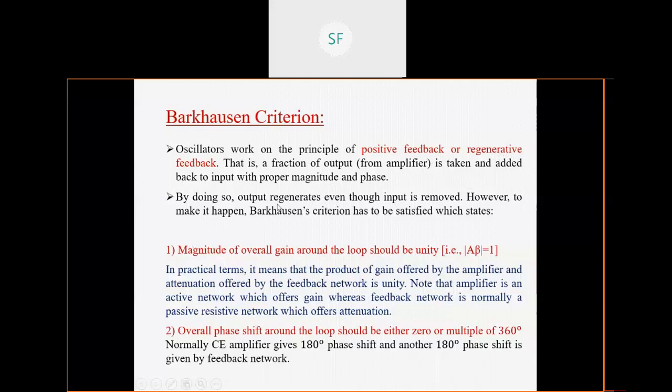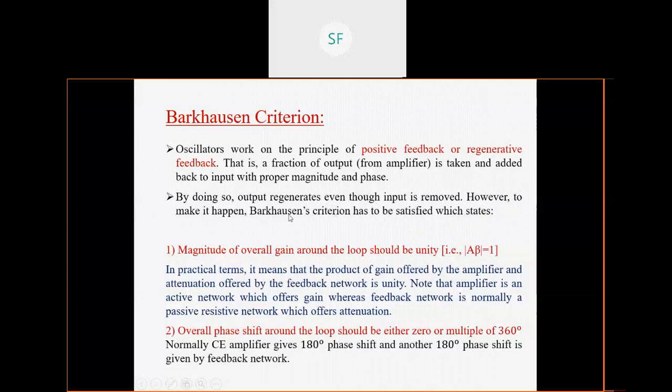By doing so, the output regenerates even though the input is removed. If you want sustained oscillations, then the requirement is that you should follow this Barkhausen criteria. Input is not required actually. However, to make it happen, Barkhausen's criteria has to be satisfied.